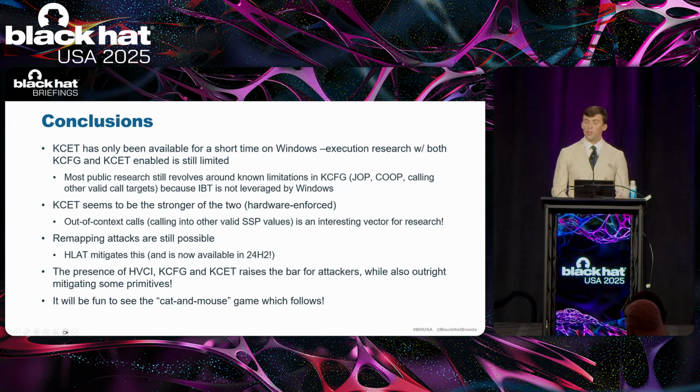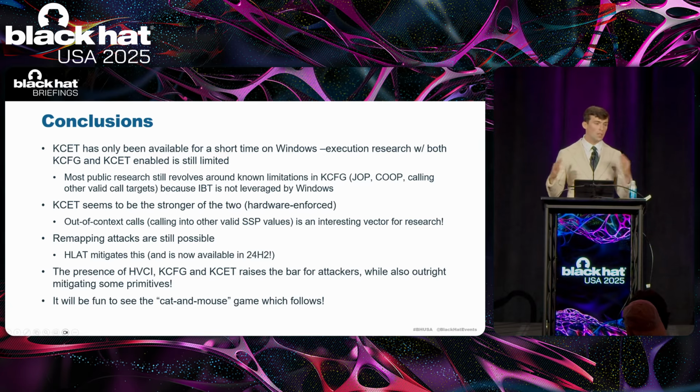So what are some of the conclusions here? Well, Kernel CET has only been around since Windows 11 22H2, and it is not enabled by default. And so what that means is research surrounding this mitigation, first of all, requires specific hardware, but also requires later versions of Windows. So most of the research which exists today surrounds taking advantage of known weaknesses in forward-edge CFI, so taking advantage of kernel CFG.